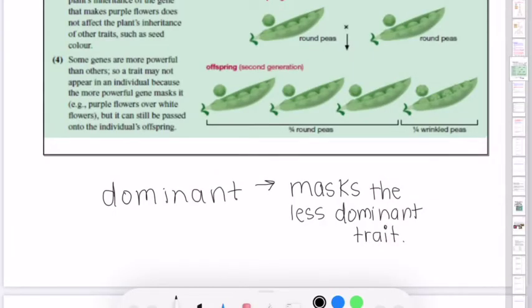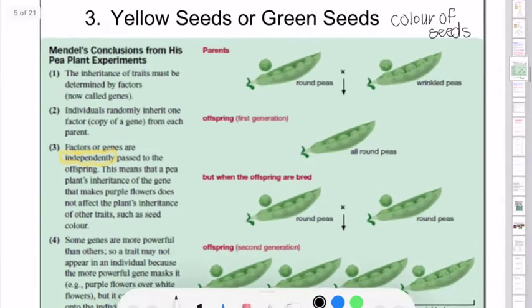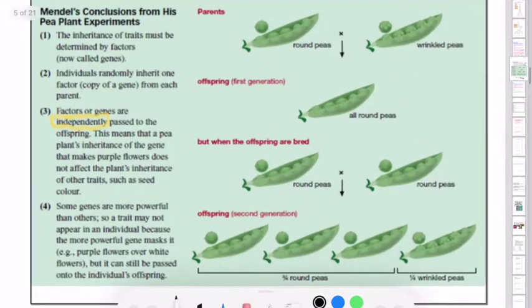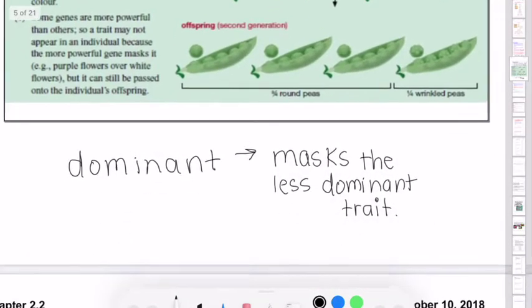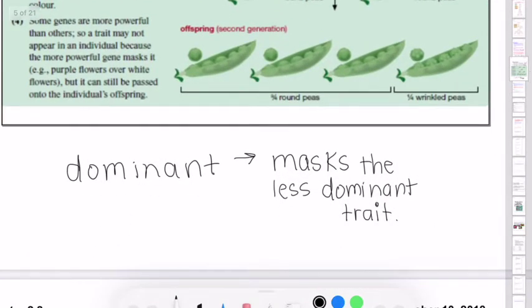Continuing on where we left off before, we were talking about Mendel and his experiments on peas and how he was concluding different traits of the peas. Then he found out that there are dominant genes or dominant traits that will mask the less dominant ones.